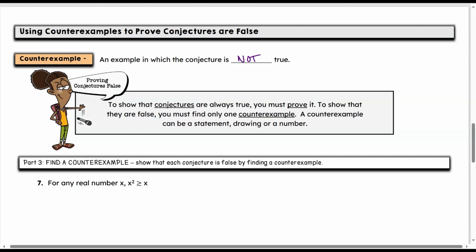So we can prove that conjectures are false, because remember, they're just educated guesses. To show that conjectures are always true, you must prove it. But to show that they are false, you must find only one counterexample. A counterexample can be a statement, a drawing, or a number.